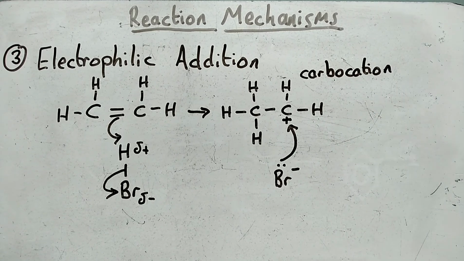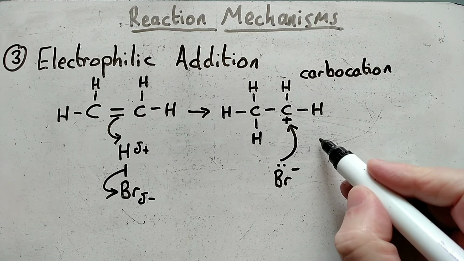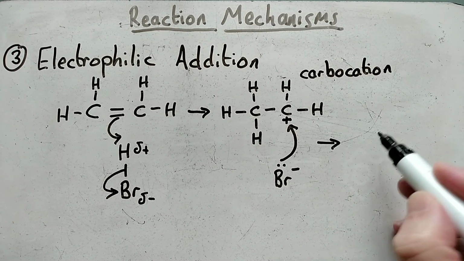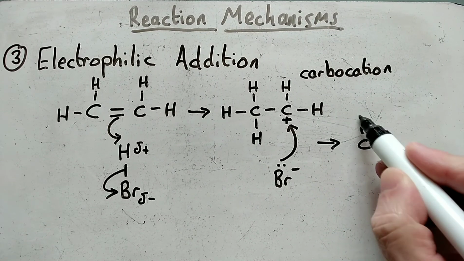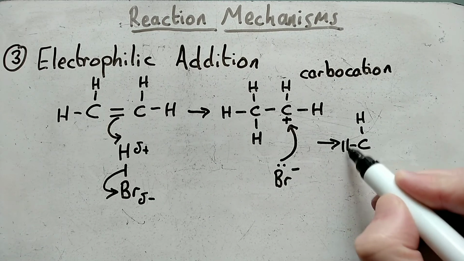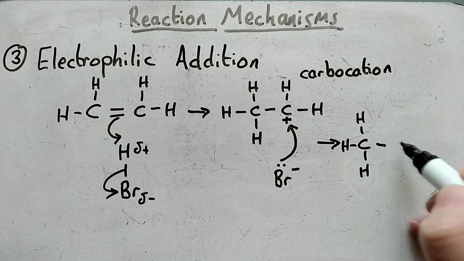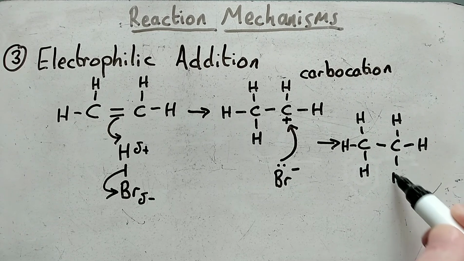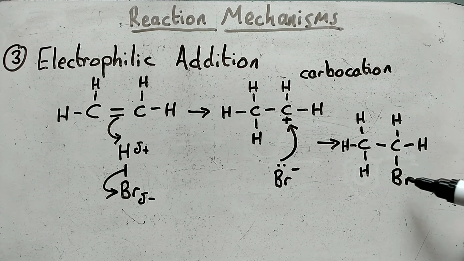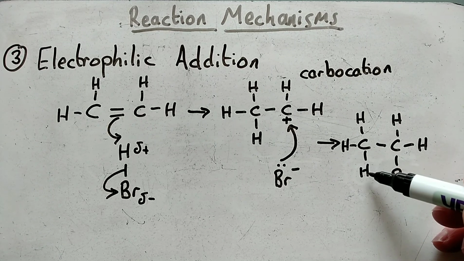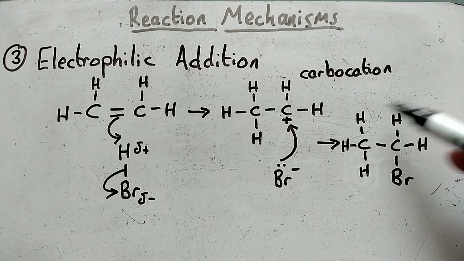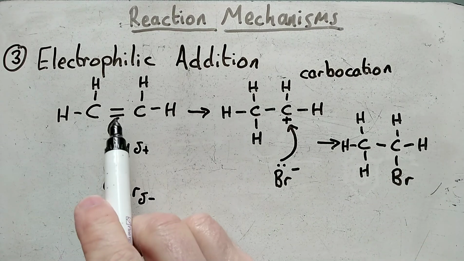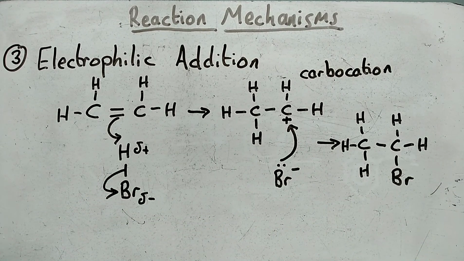Please, guys, it's carbocation, not carbonium. Right, so now we are left with something which looks like this. So the bromine and the hydrogen have been added to the ethene. You can see there's nothing left over.